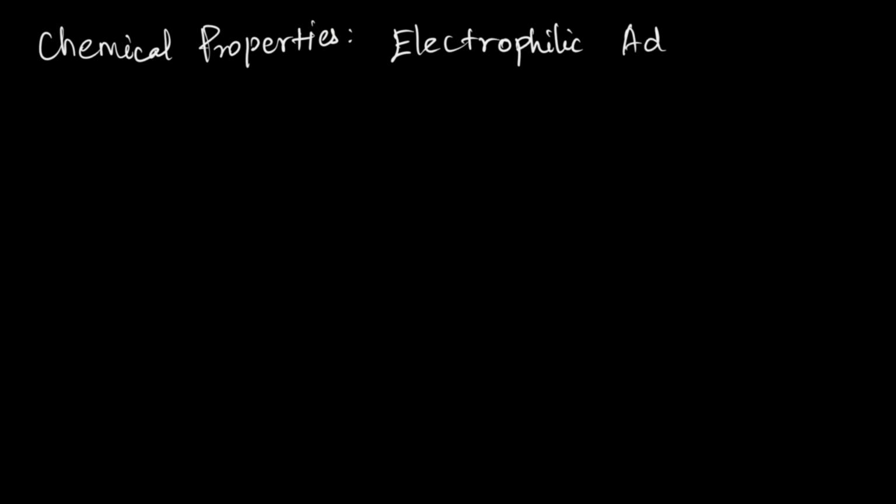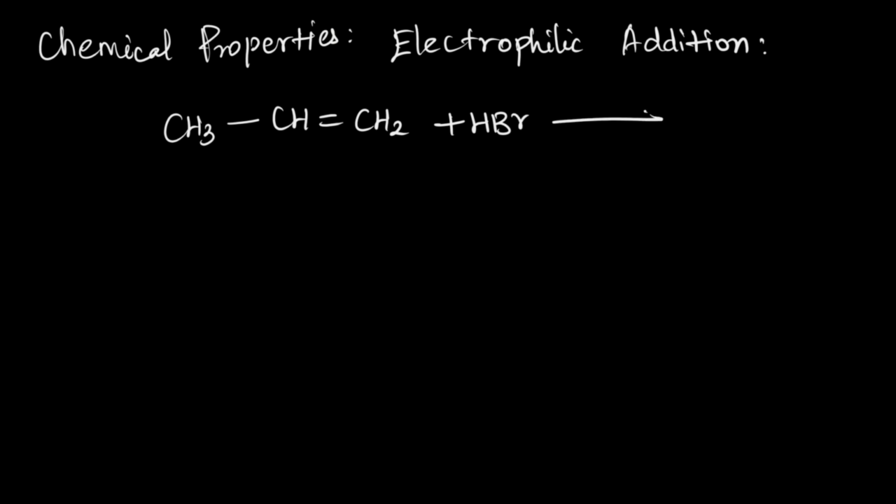Here this is undergoing electrophilic addition, which means, for example, if I am taking CH3CH=CH2 and treating it with HBr, HBr will get added to the double bond. So it will form a compound like this.